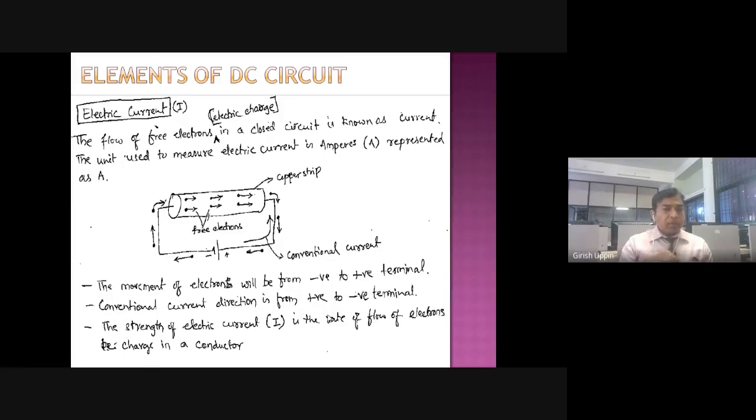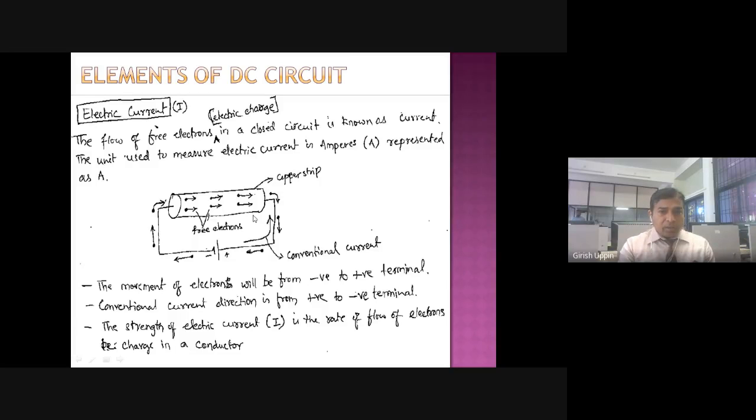Water current is nothing but a flow of water particles. Similar to that, the flow of free electrons or electric charges in a closed path is known as electric current, and electric current is represented by capital I. And what is the unit of electric current? Ampere. Very good. So electric current is measured in amperes.